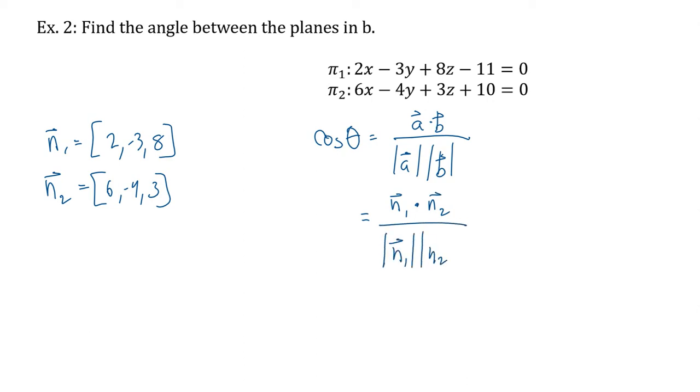What do I need to do to use this equation? Well, I need to come up with the magnitude of each of these vectors. And again, this goes back to Unit 7. How do we find the magnitude of a vector? We use this formula, and this is in 3-space.